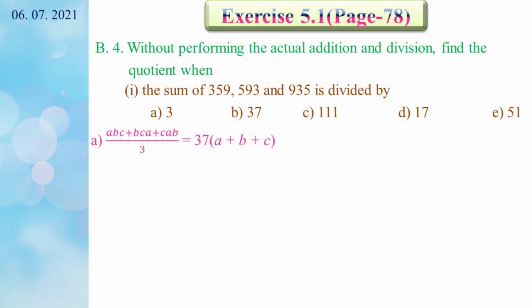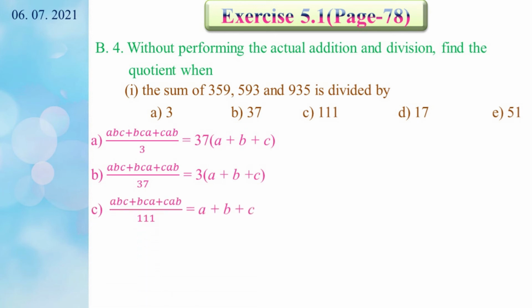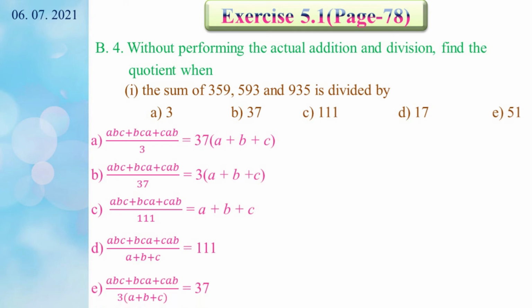First we have to write the general forms. (ABC + BCA + CAB) divided by 3 equals 37 (A + B + C); divided by 37 equals 3 (A + B + C); divided by 111 equals A + B + C; divided by (A + B + C) equals 111; divided by 3 into (A + B + C) equals 37.